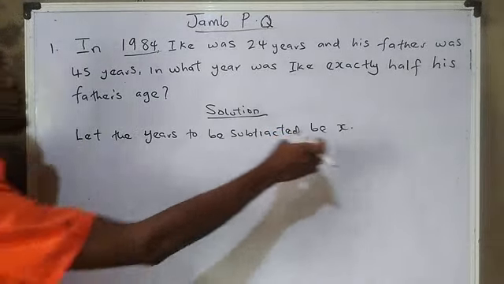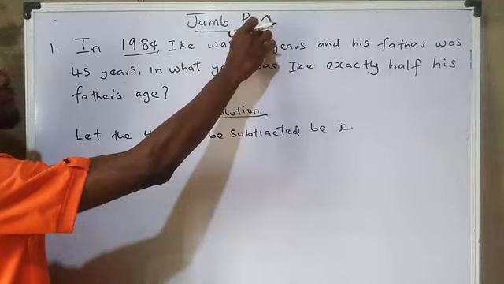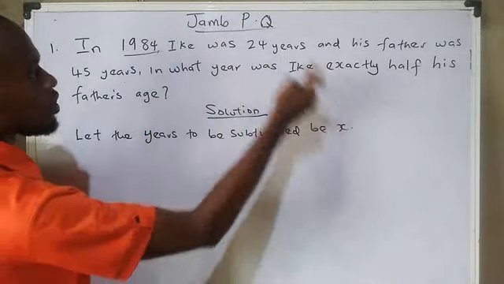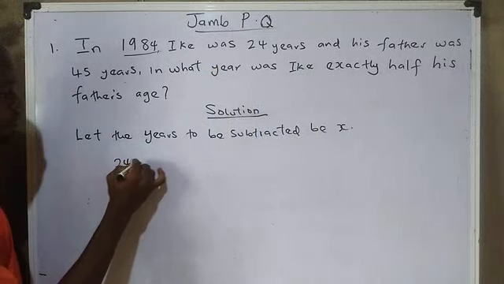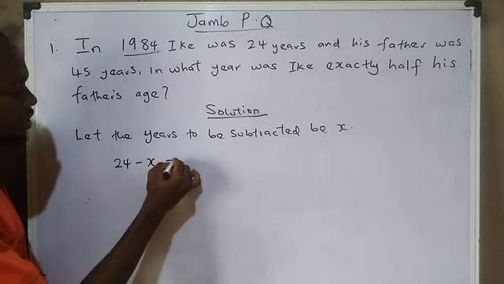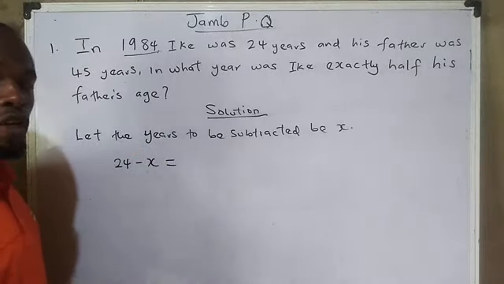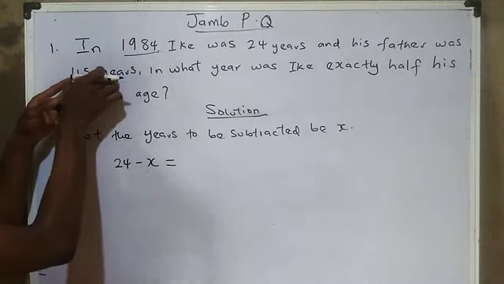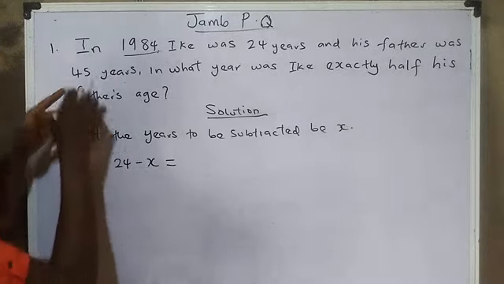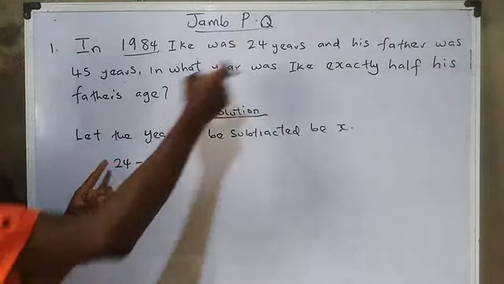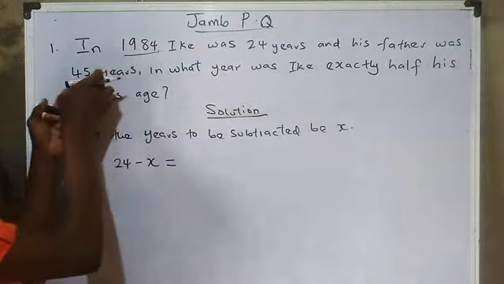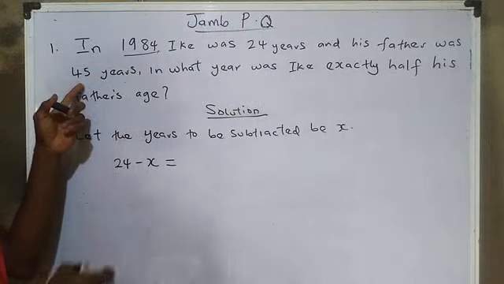Then, if we subtract x years from 24 years, that will be 24 minus x, and that must be equal to half of 45 minus x. Because you can't just subtract the years from 24 without subtracting it from 45.